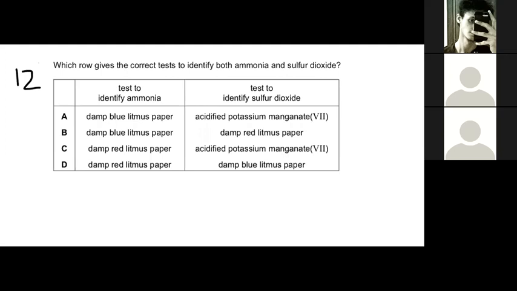Ammonia is the only alkaline gas, so ammonia would change the color of red litmus paper to blue. It will not affect blue litmus paper, so A and B are wrong. Sulfur dioxide gas, being a reducing agent, reduces potassium manganate and changes its color from purple to colorless. So therefore, option C is the correct option.